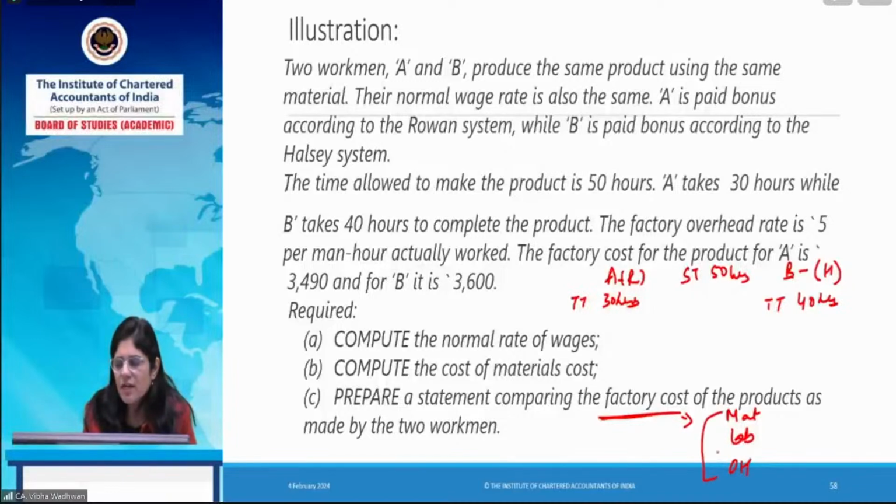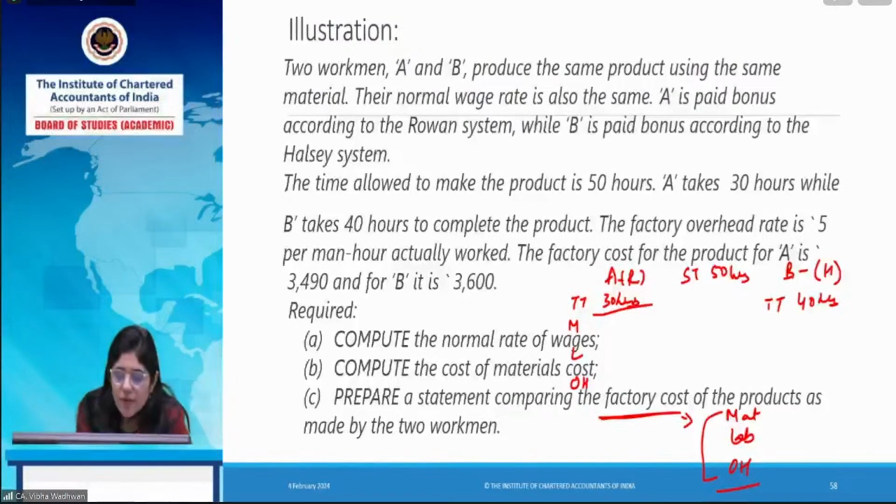There are three components of factory cost: material, labor, and overheads. The total factory cost for A is 3,600. So material, labor, and overheads, and the total cost is given to you.